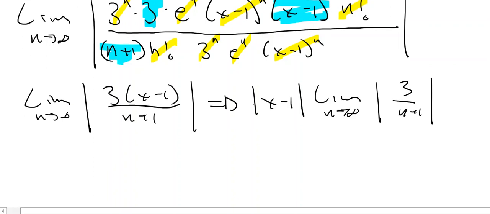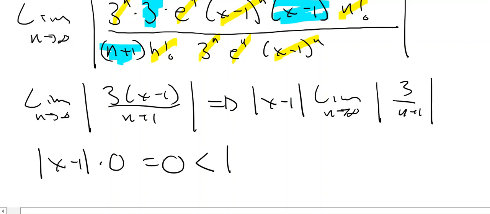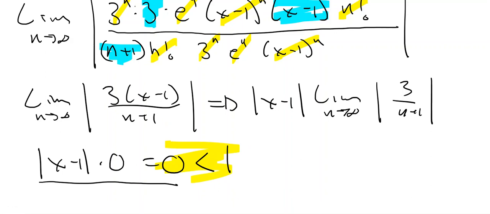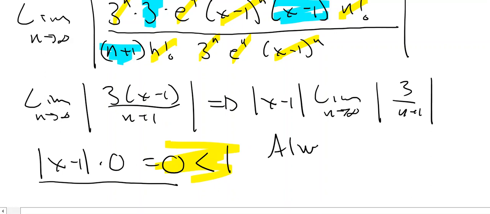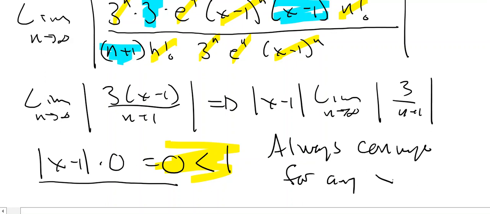And so this then gives us the absolute value of x minus 1, and the limit is 0. Well, the absolute value of x minus 1 times 0 is 0. And is 0 less than 1? Remember, our test for convergence says that our limit has to be less than 1 to converge. Well, 0 is always less than 1. So this will always converge. It always converges. What do I mean by always converge? For any x. For any x values.